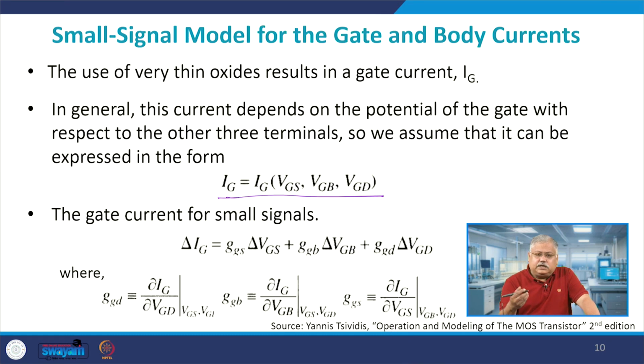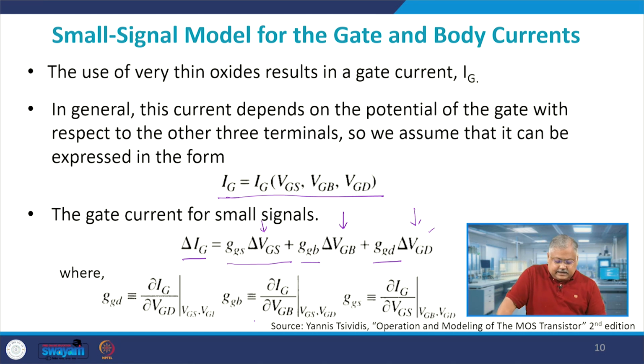If you look at the small signal, exactly like in the previous turn, my del Ig, the change in the gate current, will be G of GS gate to source, G of GB transconductance gate to bulk, and G of GD gate to drain, multiplied by the corresponding change in the value of the VGS, VGB and VGD signals, where we define GGD as del Ig del VGD. What is del Ig del VGD?